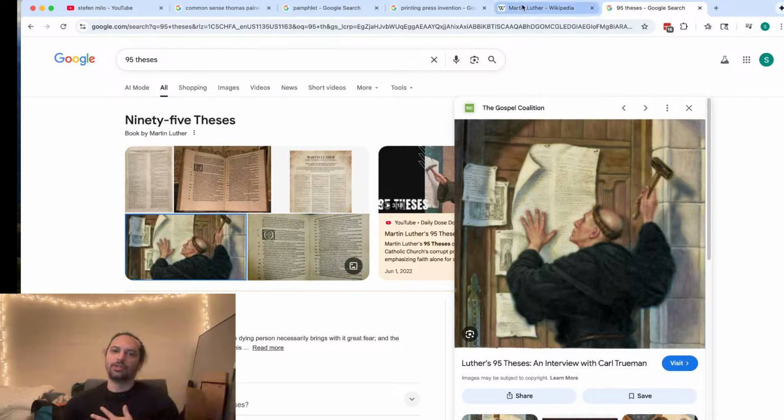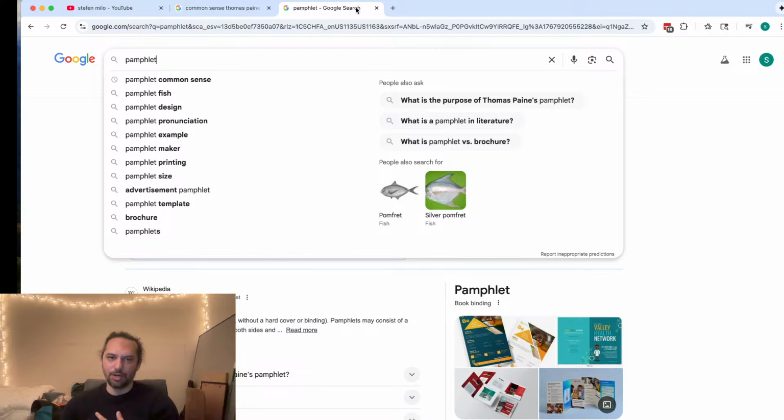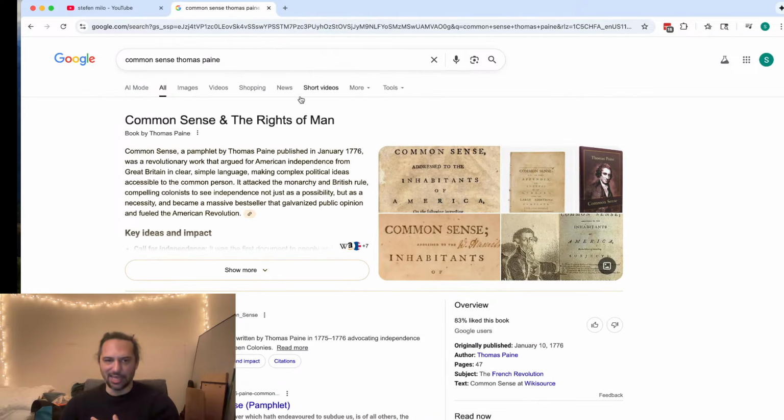Now, let's talk about Thomas Paine. So Thomas Paine wrote this pamphlet specifically against a king. And as I said, the pamphlets were very political in that they were used to speak truth to power.